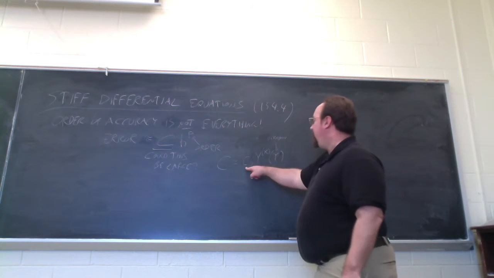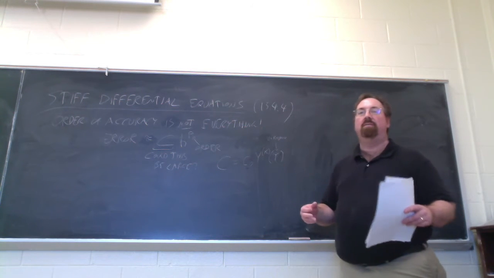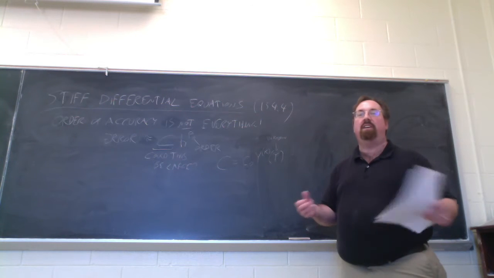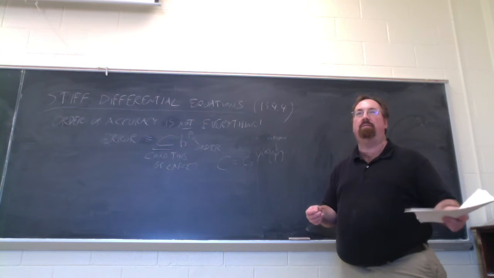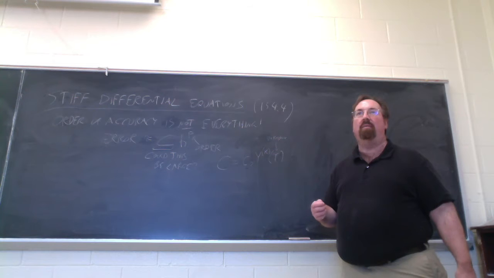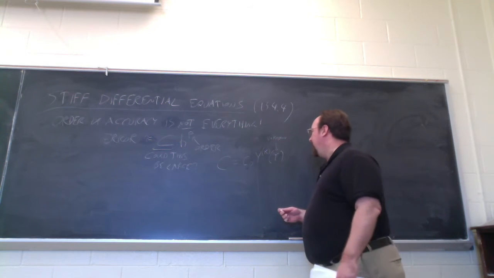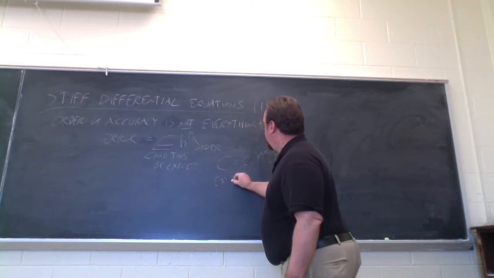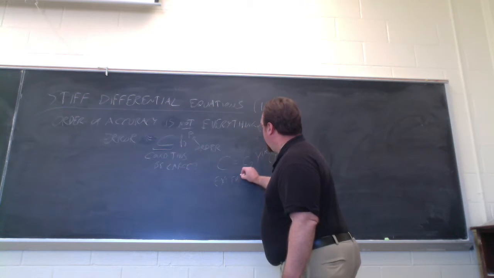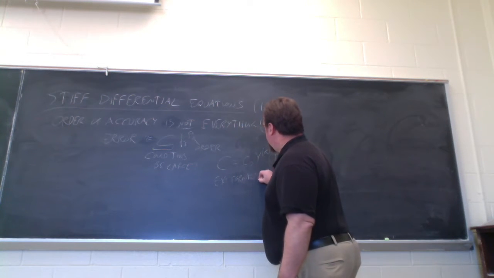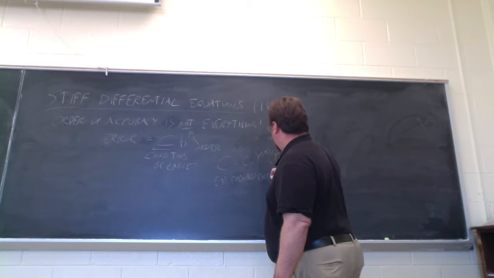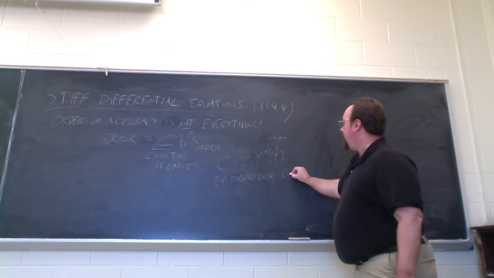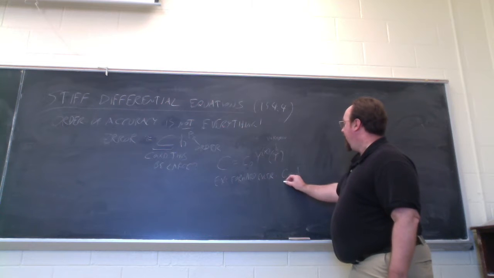So C0 is fixed for each particular method. You can figure out what it is. I mean, you've seen examples of this from homework already. Okay, here's an example. Forward Euler. Your C0 is 1/2, and your k is 2.